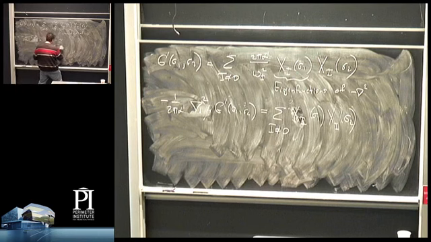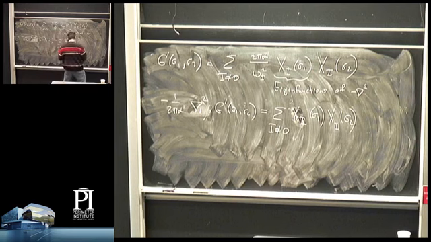This equals the sum over i not equal to 0 of x_i of σ_1 times x_i of σ_2. All I'm doing here is using the fact that those are eigenfunctions.